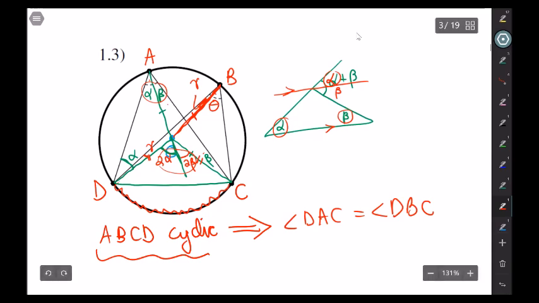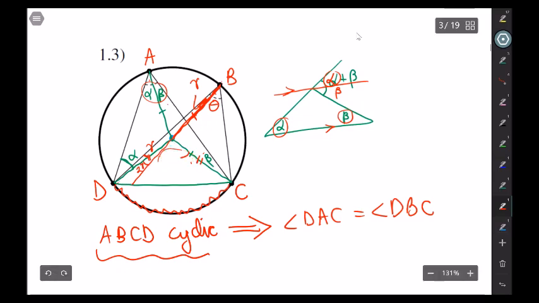For example, BOD is an isosceles triangle because the 2 legs of the triangle are the same. Similarly, BOC is also an isosceles triangle. So if I extend BO, which you can barely see, this angle here is 2 gamma. Oh gosh, that's terrible. Can I just get rid of all this?